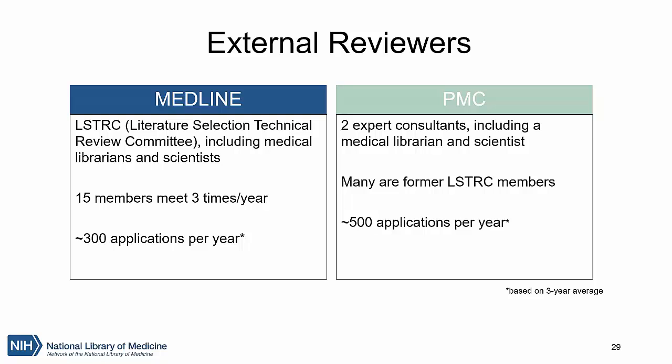PMC's review is completed by 2 expert consultants, including a medical librarian and a scientist. Many of them are former LISTRIC members. On average, PMC reviews 500 applications per year. The LISTRIC and our PMC expert consultants make recommendations to the NLM, and then the NLM makes the final decision about a journal.